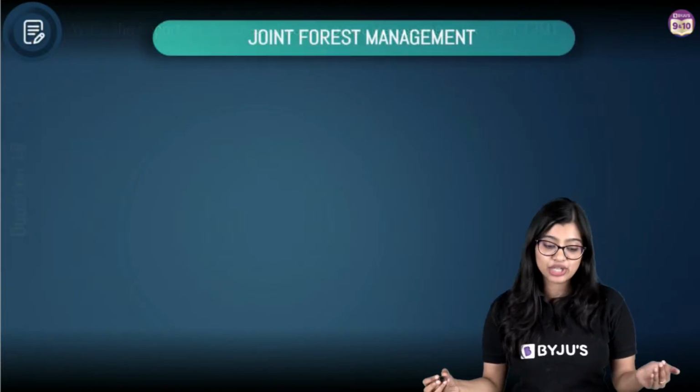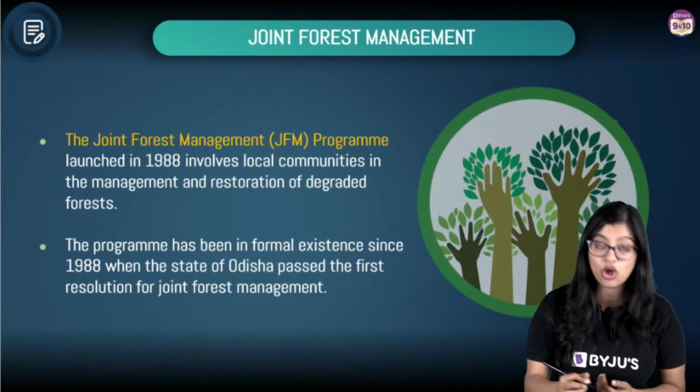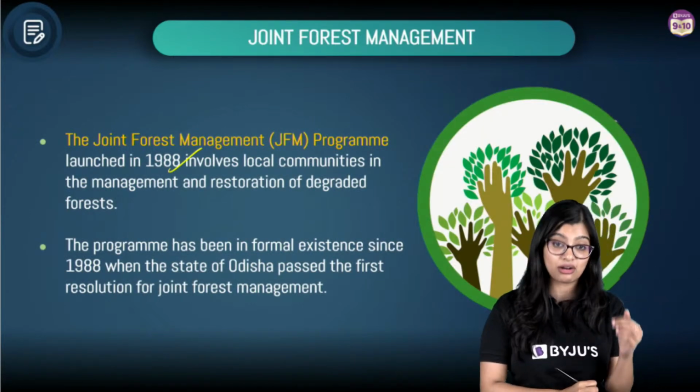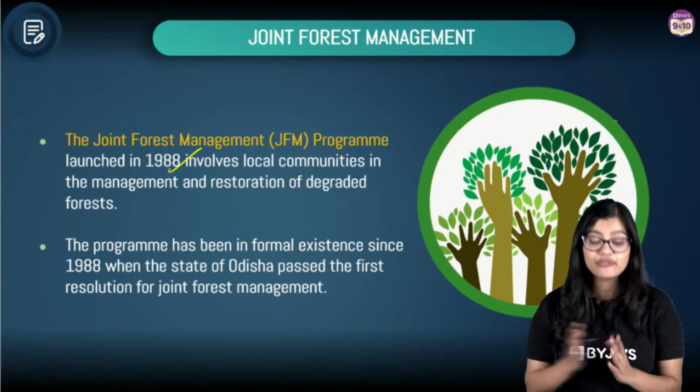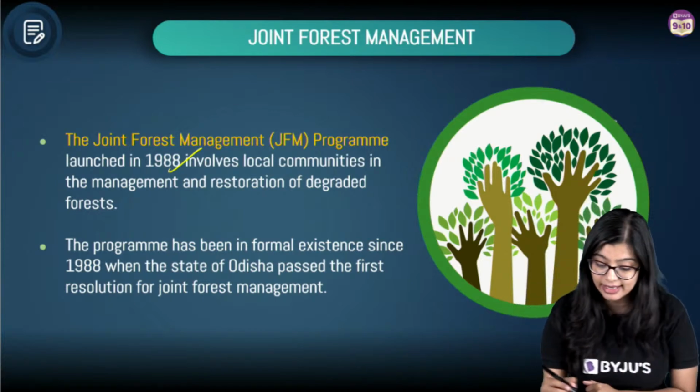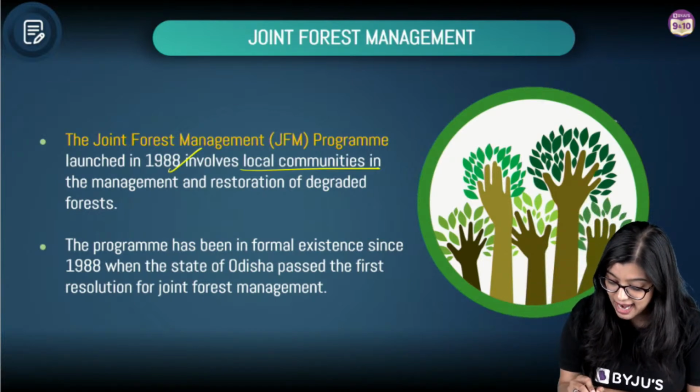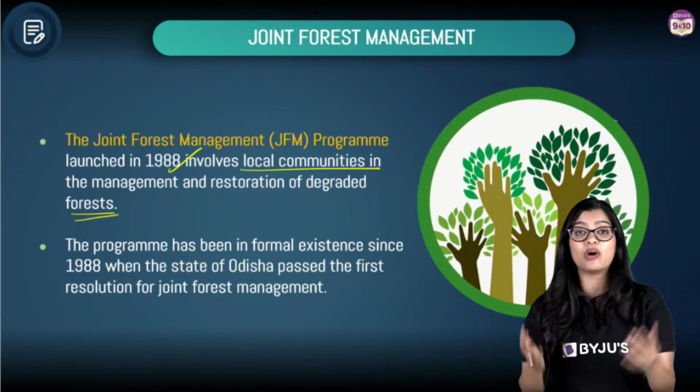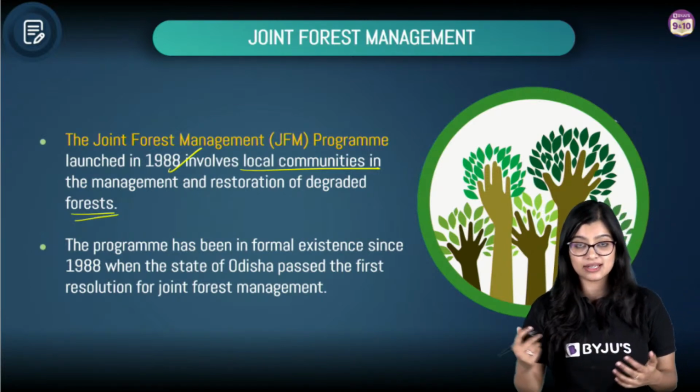Now, when you talk about JFM, we know that Joint Forest Management was launched in 1988 in the state of Odisha. And of course, what was the intent behind this? That local communities and the forest department work hand in hand in order to conserve forest.